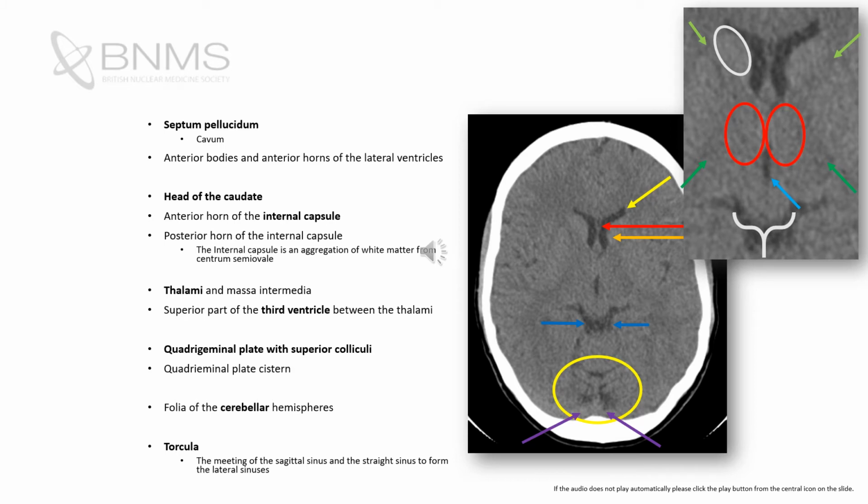This is the meeting of the sagittal sinus within the central reflections of the dura, and the meeting of the straight sinus, which is going to drain the two great veins of Galen from the central parts of the brain. The torcula will then divide into both the right and the left lateral sinuses.